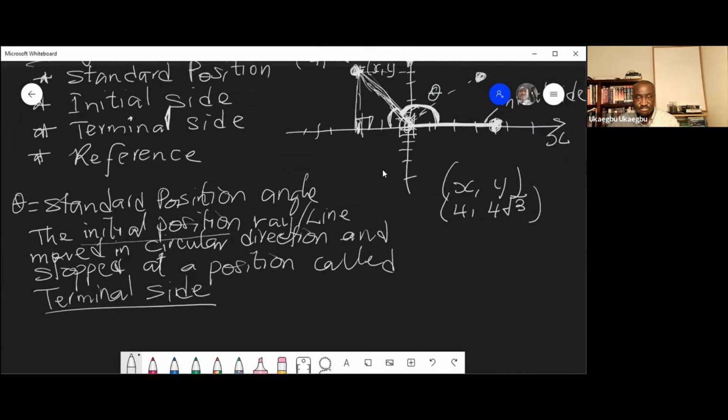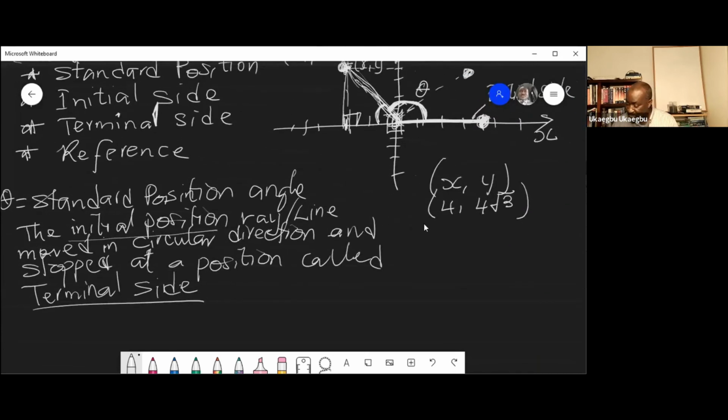Then, since it stopped, this terminal position line made an angle with the horizontal, and that angle the terminal line made with the horizontal is called the reference angle.